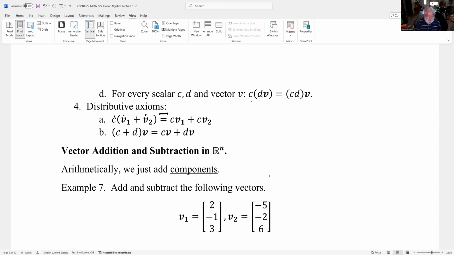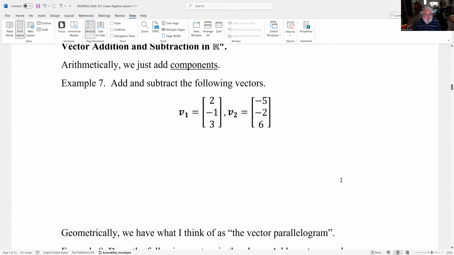It goes this way and that way. You could have just as easily written this as cv1 plus cv2 equals c(v1 plus v2). Equations convert from one side to the other. It doesn't really matter which one you start with, although we tend to start with the left side.